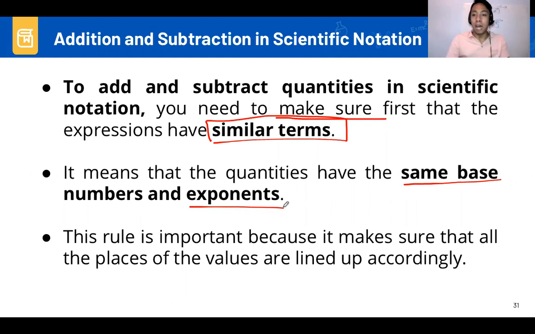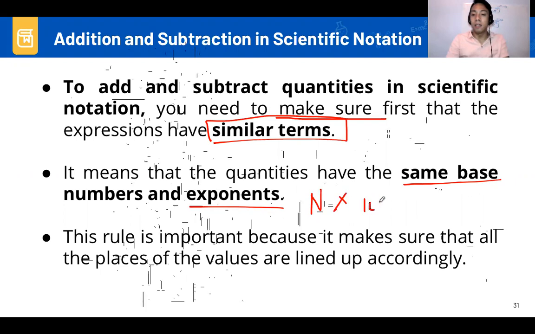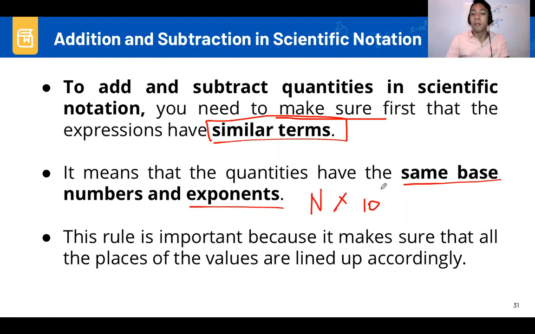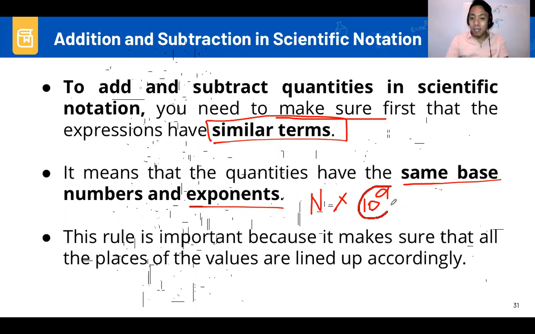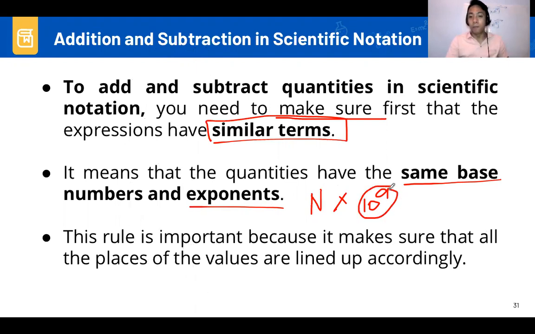In our given formula, which is n multiplied by 10 raised to a, nasaan dyan yung merong base at merong exponent? Diba? So this is that part. So if we have two scientific notations with the same 10 raised to a, then we can add this scientific notation. Okay?